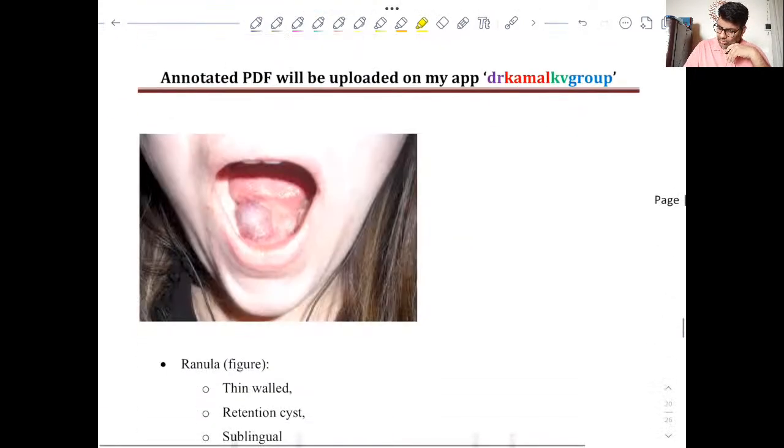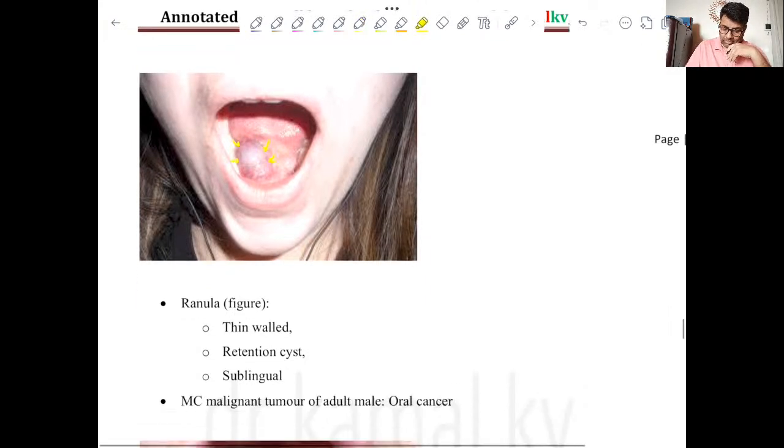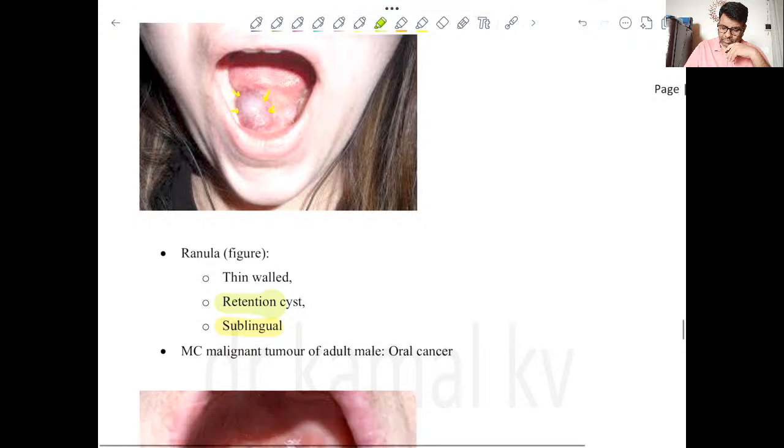Then moving forward to ranula, which is a retention cyst. So this is ranula. You can see a bluish swelling here. So this is sublingual, means below the tongue, and this is a retention cyst.